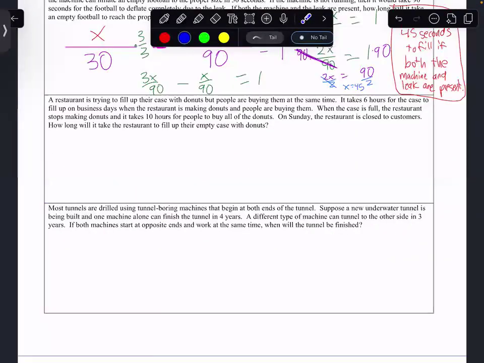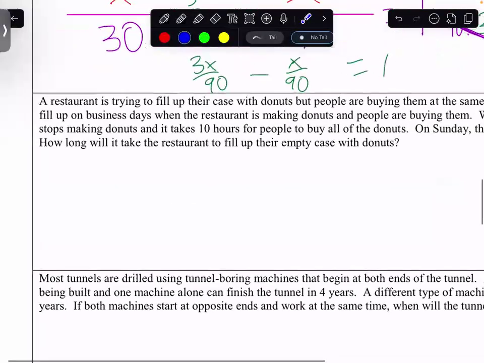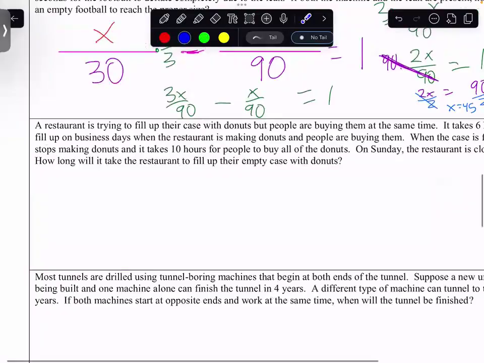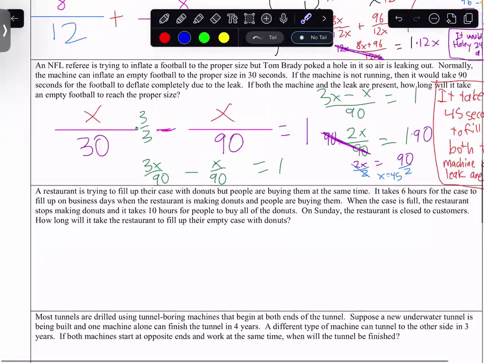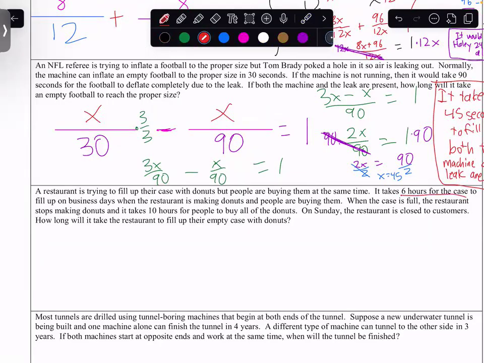Okay, so for this problem, the two actions are the restaurant is trying to fill up a case with donuts, but people are emptying the case. They're taking donuts out. The first number we see, 6, represents the restaurant making donuts and people buying at the same time.